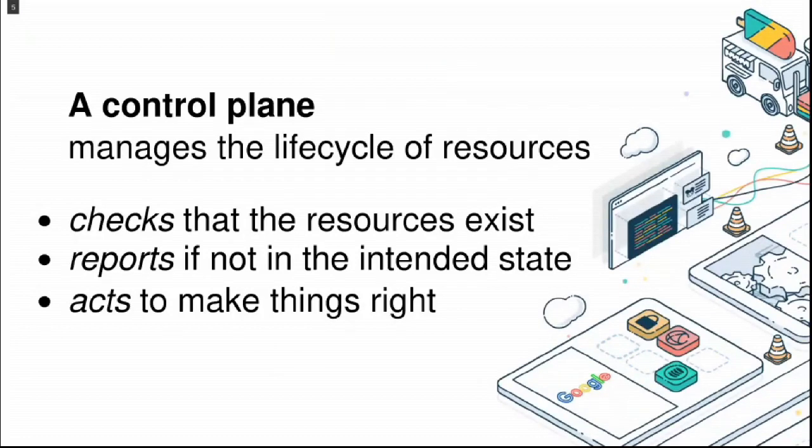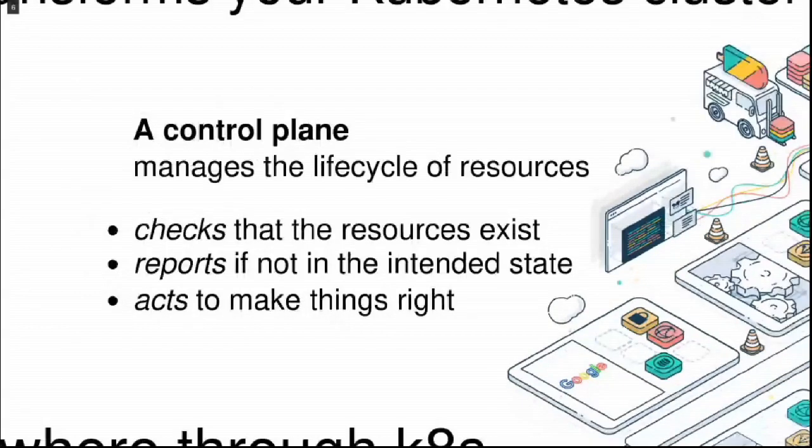Take a deployment in Kubernetes: the control plane of Kubernetes takes care that the number of replicas matches the desired number. If you delete the pod, it gets created again thanks to the Kubernetes control plane.